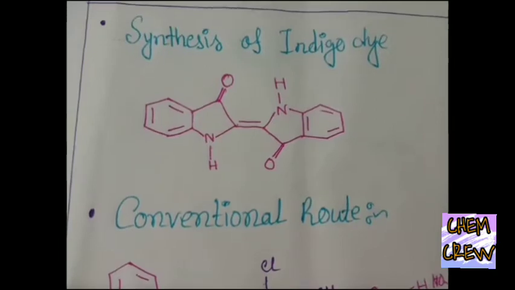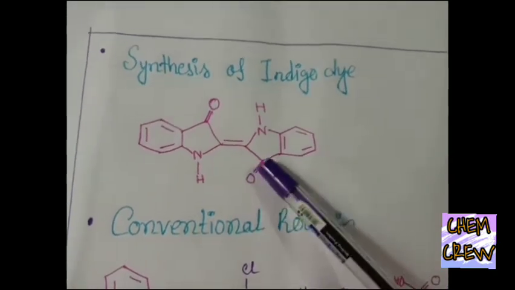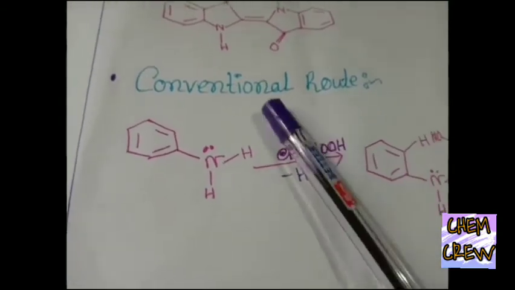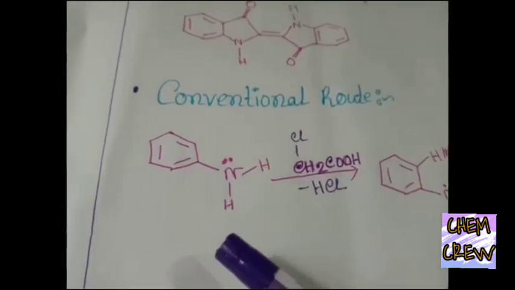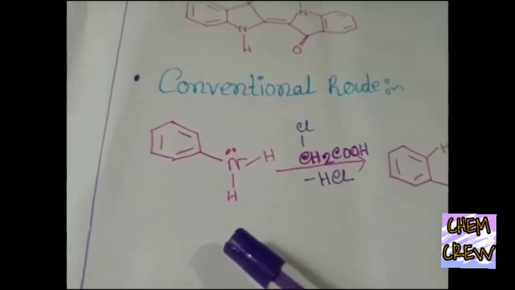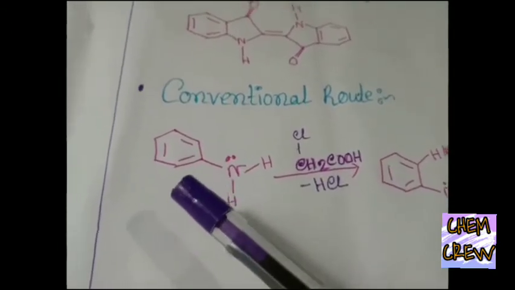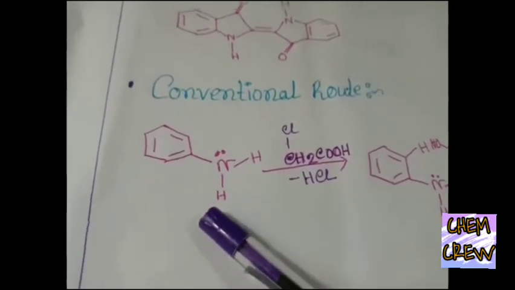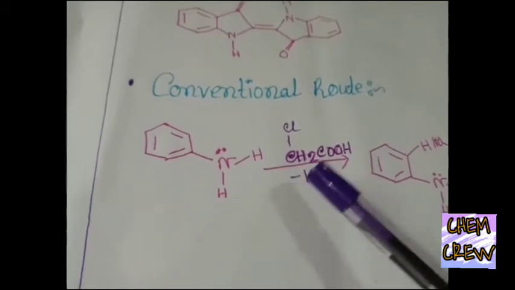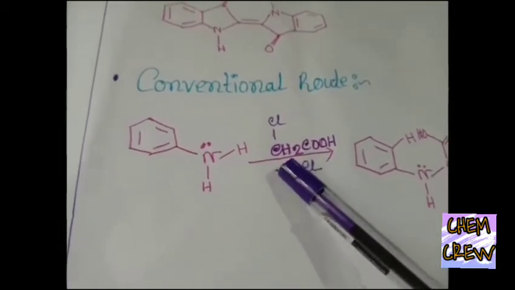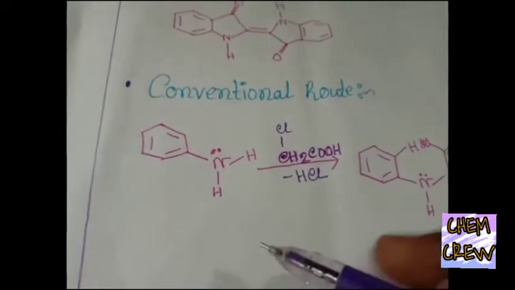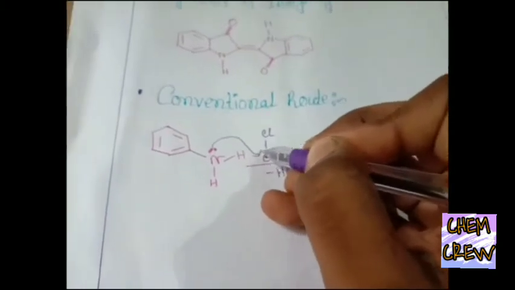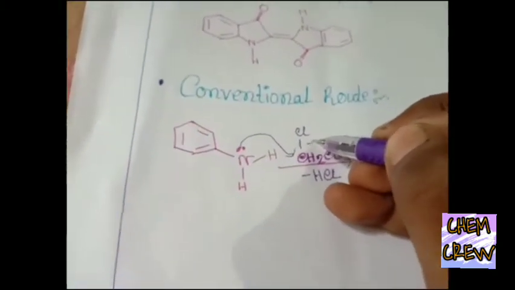Now the second synthesis is of indigo dye, and this structure is indigo dye. First, we see the conventional route for the indigo dye synthesis. Aniline, which is a carcinogenic material, is taken as a reactant and it is then treated with chloroacetic acid. The lone pair of nitrogen attacks the carbon, and Cl is released.